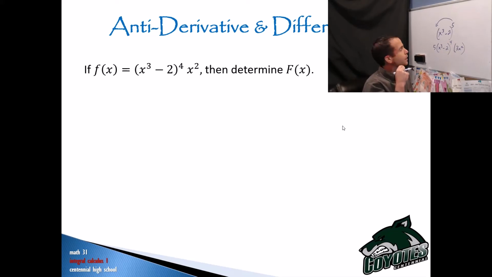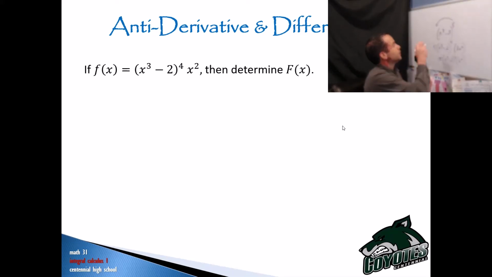True? So that would give me 15 x cubed minus 2 to the 4 times x squared, which is not what I want, because I don't want a 15 there. Which means I need to introduce a coefficient of 1 over 15 in order for this to work.